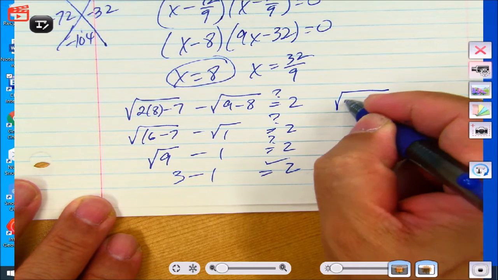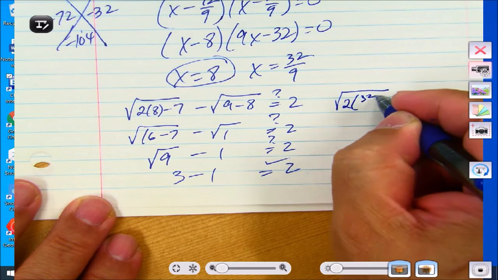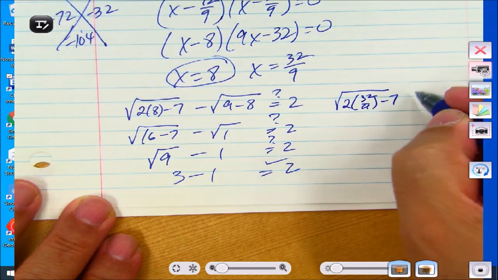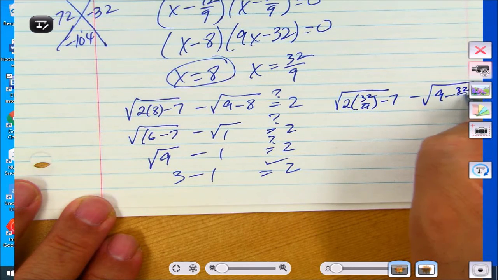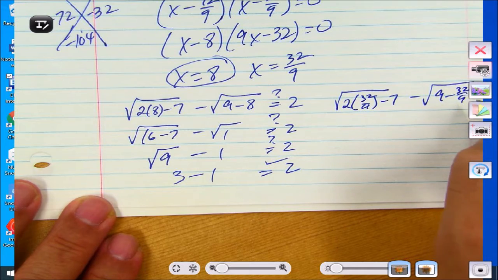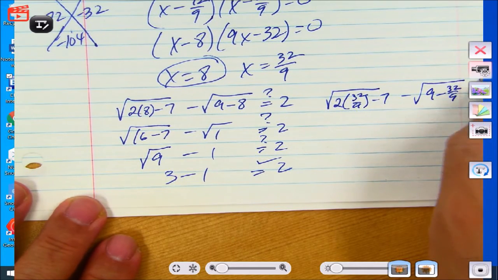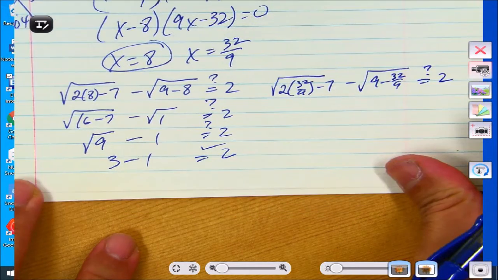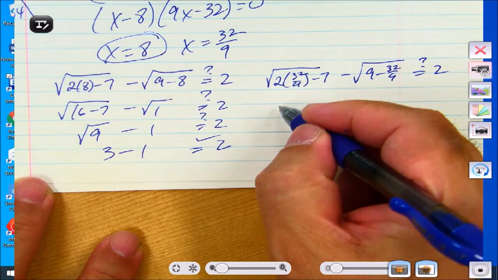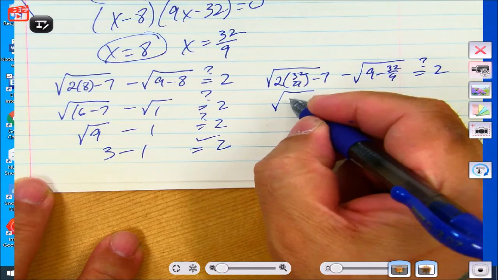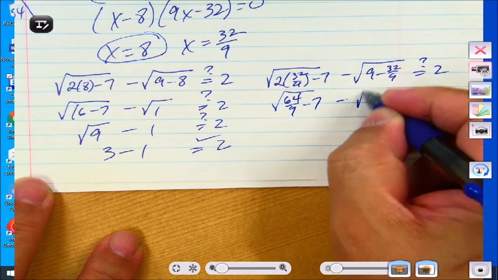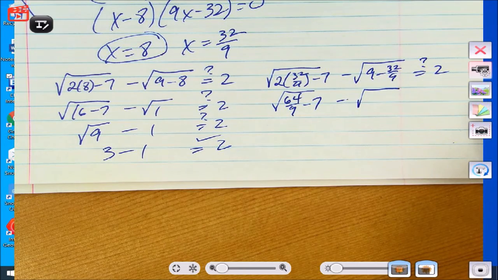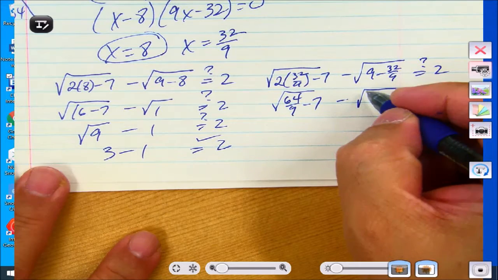Square root of 2 times 32 ninths minus 7 minus square root of 9 minus 32 ninths. Is that equal to 2? Okay, so 2 times 32 ninths is 64 ninths. And 9 minus 32 ninths is 49 ninths.